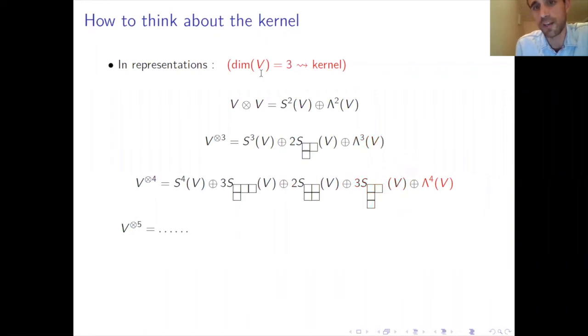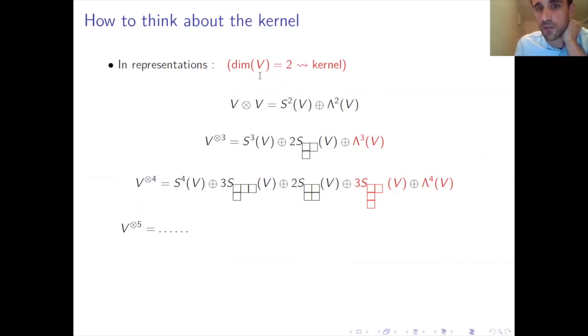Another example, if the dimension of V is 3, then only this space disappears. So you see, the kernel is exactly like this. We have a generic situation where the whole picture is here. And when the dimension is too small, part of the picture disappears. So some of the representations are killed by the kernel, actually.